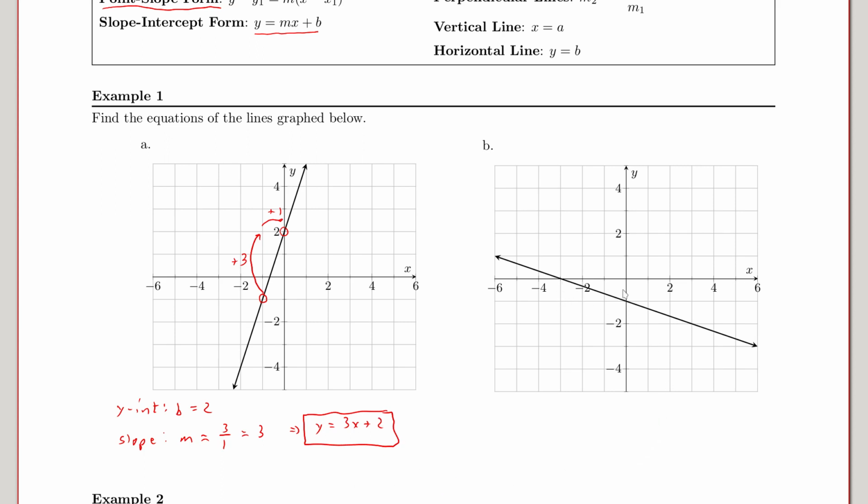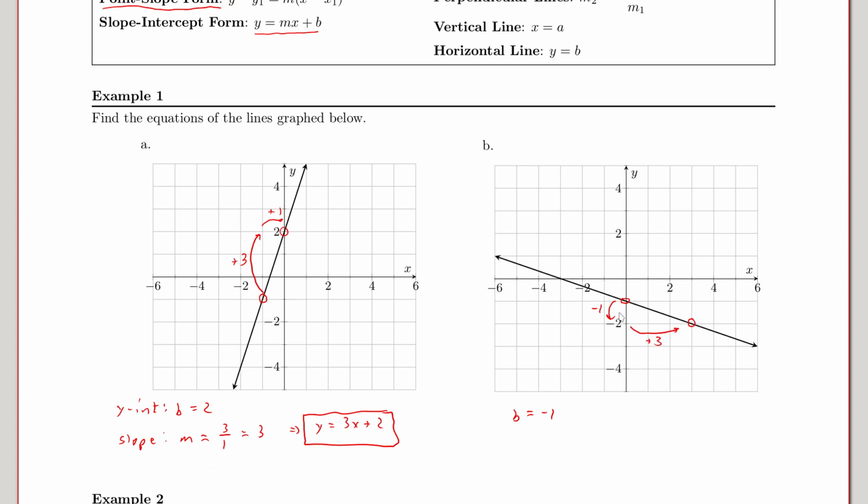On this one over here, your y-intercept is -1. And then we need to find another point on this grid, so you could use anything. I would pick one of the points that makes it pretty obvious that we're crossing through the grid here. So to get from our y-intercept to this point, we would go down 1, so a negative rise, and then we would run to the right 3 units.